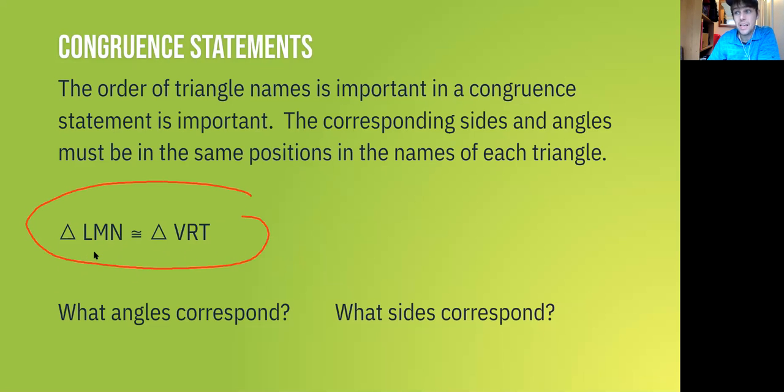The easy part is the angles. So angle L and angle V would correspond. They're the first letters in the names. The second letters, angle M and angle R. Angle M would correspond and be congruent to angle R, and then angle N and T, because those are the last letters. So angles are pretty easy.